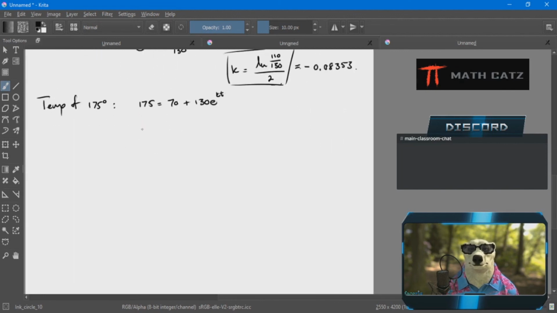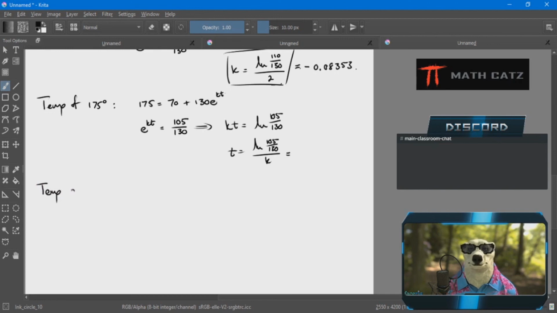So let's do that a little bit faster. e to the kt, isolate that first, so it's going to be 175 minus 70, so it's going to be 105 over 130. So therefore kt is the natural log of that, and t is therefore natural log 105 over 130 over k. So let's just write these out before we solve them. I don't want to ruin the surprise.